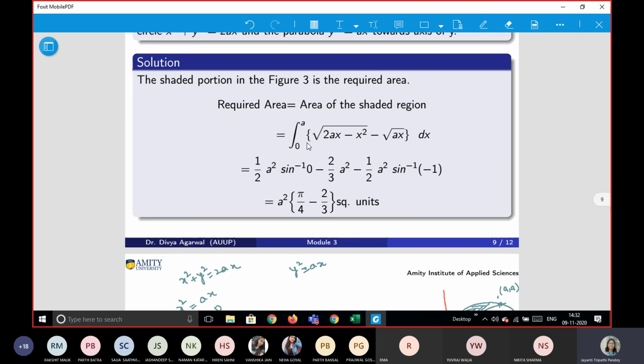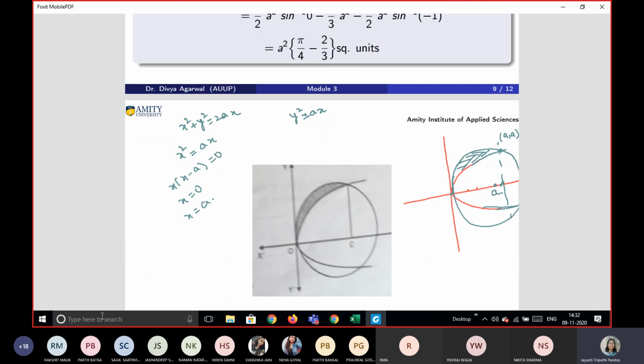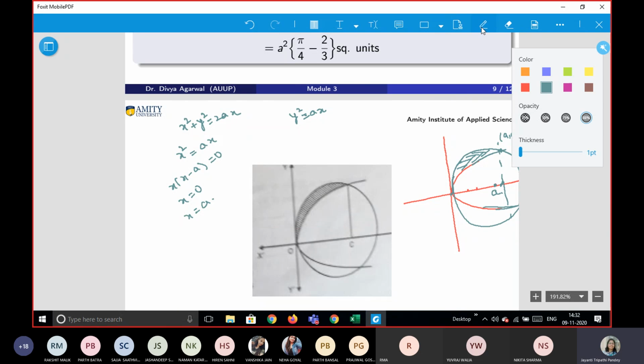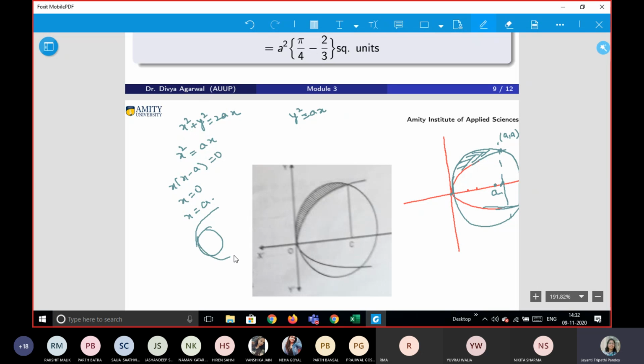Okay, now let us see the area. The area of the shaded region is the area of the, now here you need to know which curve will be above the other one. I need to know whether I am getting this like this, or something like this, that this is the circle and I am drawing the parabola like this.